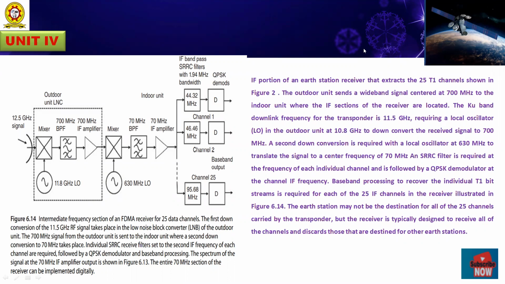Generally, for example, in our satellite communication, if the IF portion of each station receiver can extract approximately 25 channels, as shown in this picture. Suppose the outdoor unit sends a wideband signal with a 700 megahertz center frequency.